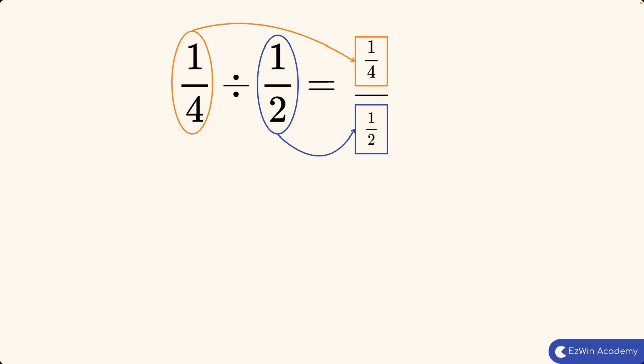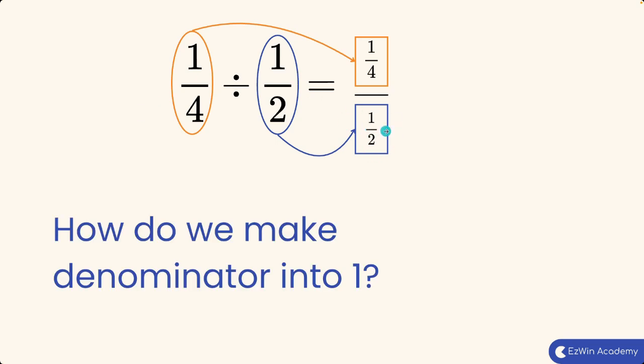And then the question goes, how do we make this denominator into 1? If you guessed it, you multiply, but you multiply by 2. So you have half times 2. Like the earlier example where 2 times half gets to 1, but this time we multiply by 2 since we want to get the denominator into a 1.